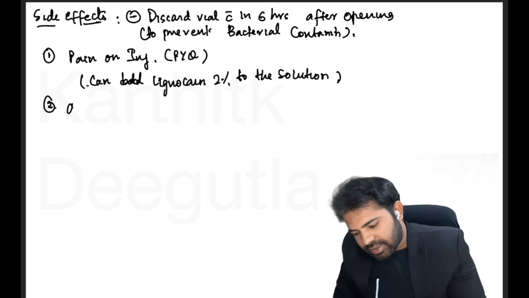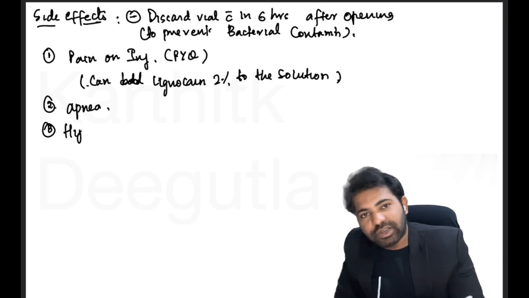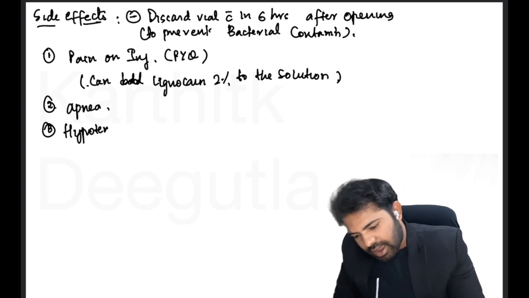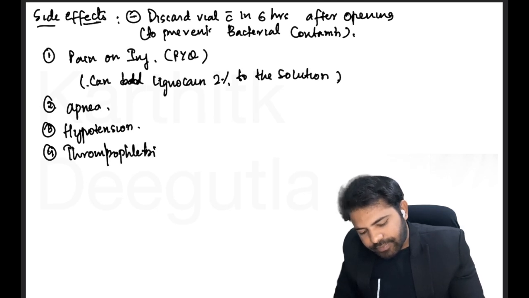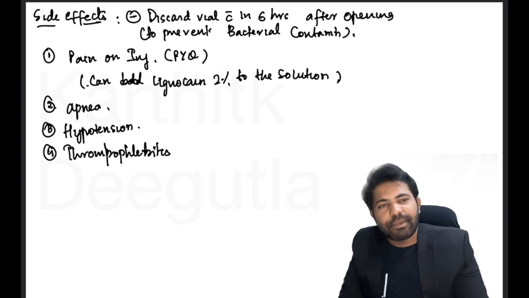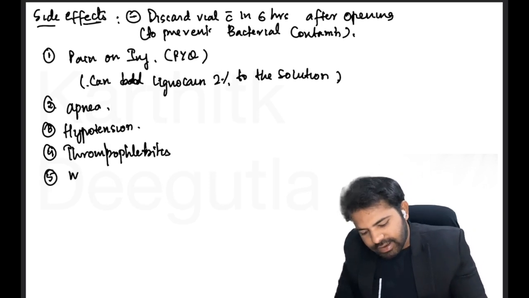Okay. Then propofol will cause apnea. Propofol can cause hypotension due to decreased cardiac output. Alright. Then propofol can cause thrombophlebitis of that vein. Then it can also cause myoclonus sometimes, very rarely. Okay. Then propofol causes something called propofol infusion syndrome.